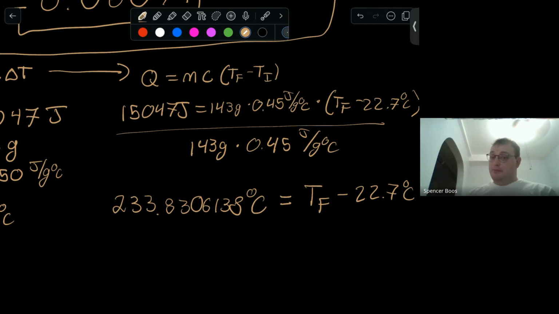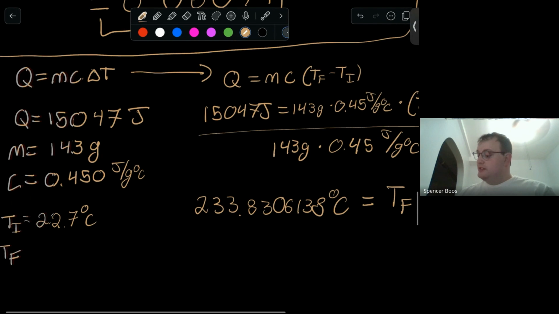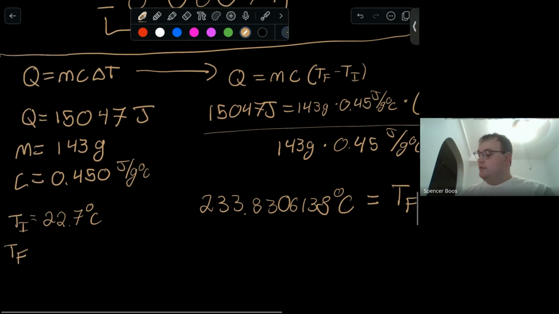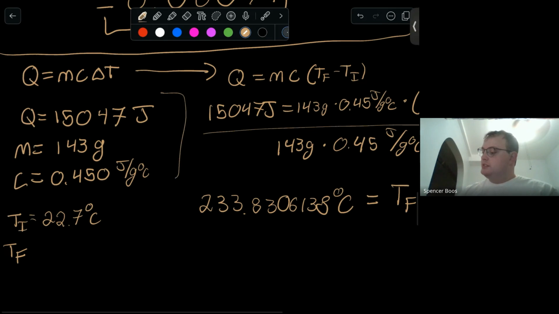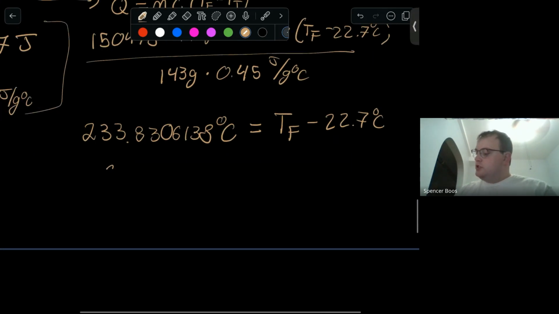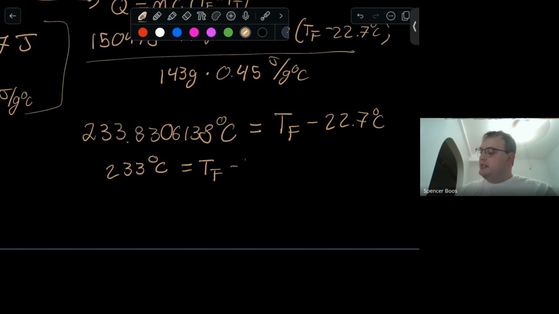Now, at this step, we like to round. So we look at the least number of significant figures from our givens, from these three givens specifically. So we get 233 degrees Celsius is equal to T final minus 22.7 degrees Celsius.